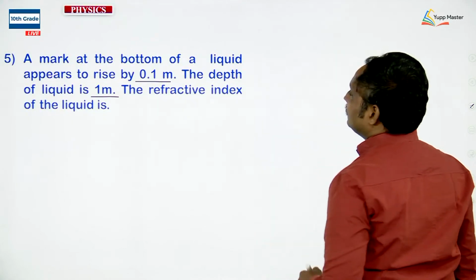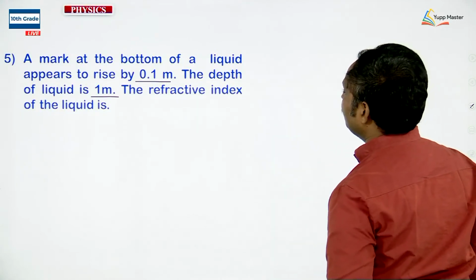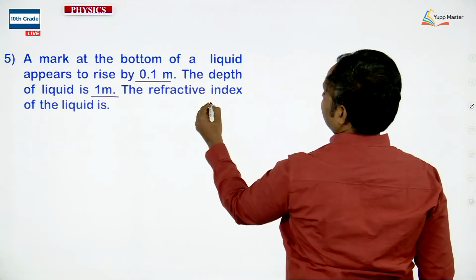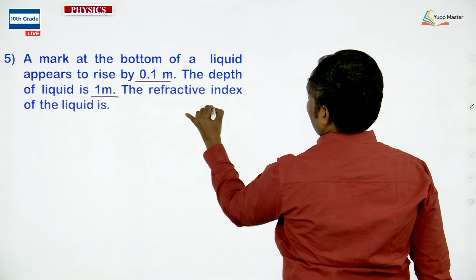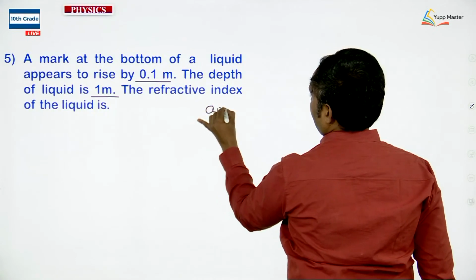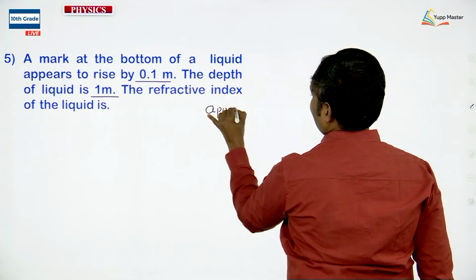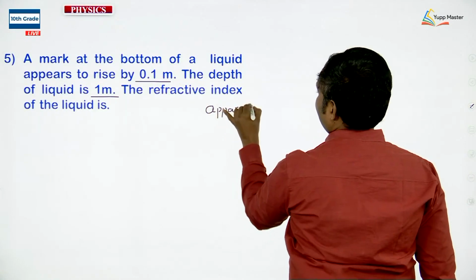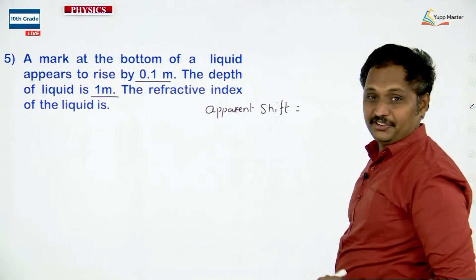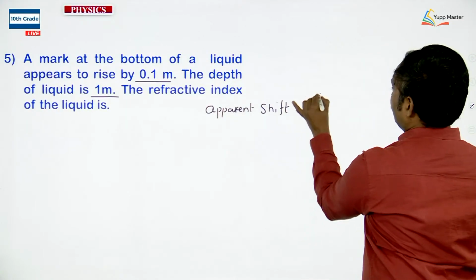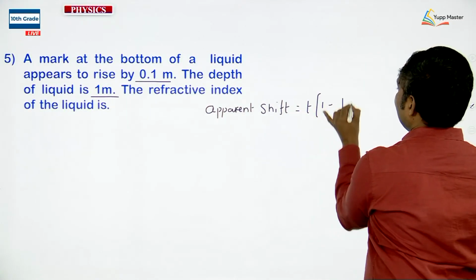You have to use the formula: apparent shift is equal to T into 1 minus 1 by mu.